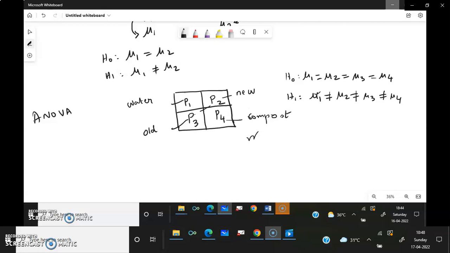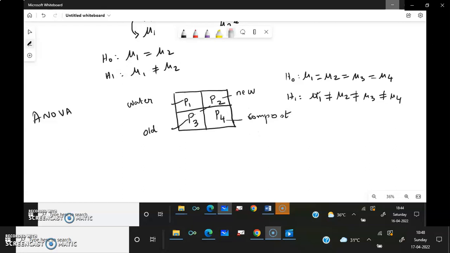So k groups means k populations, and their means you can denote by mu1, mu2, mu3, and so on to mu k. So what will be our H naught? H naught will be mu1 equal to mu2 equal to and so on to mu k. That will be our H naught. So it is checking the homogeneity of these several means.